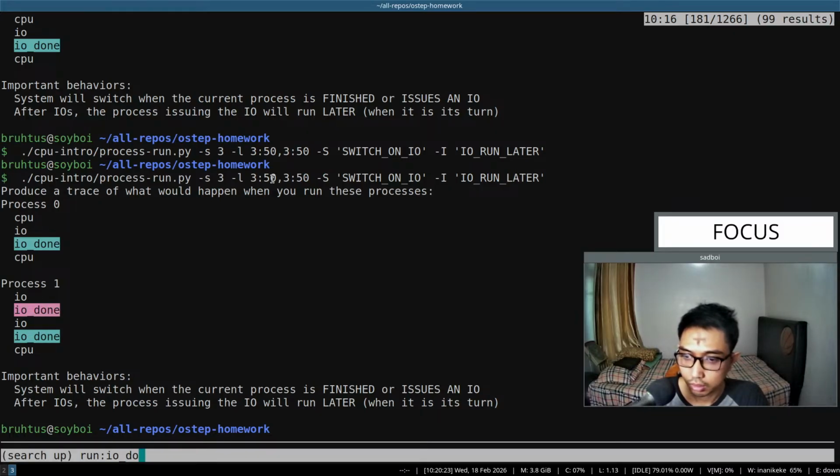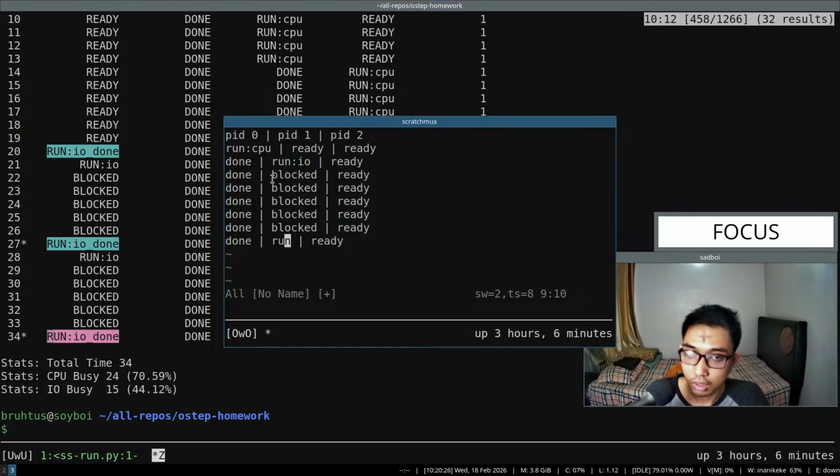Maybe run IO done. And this one is run IO. This one is done.